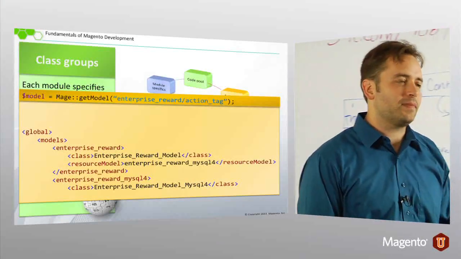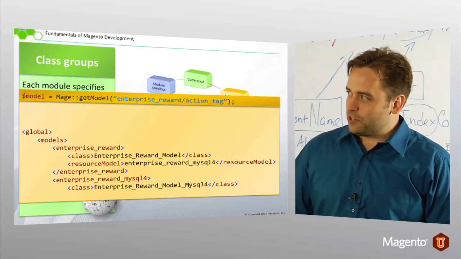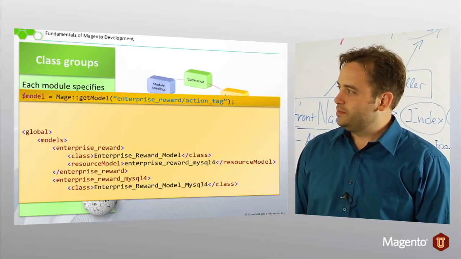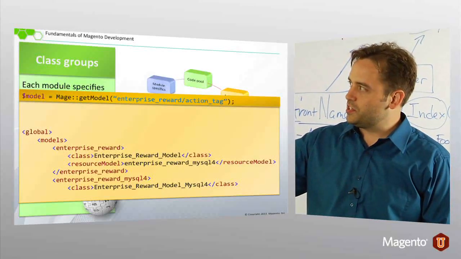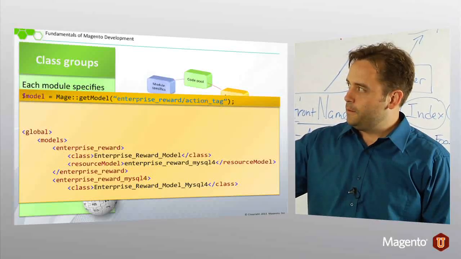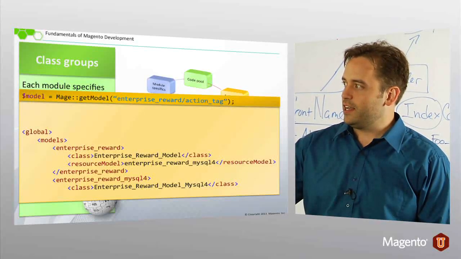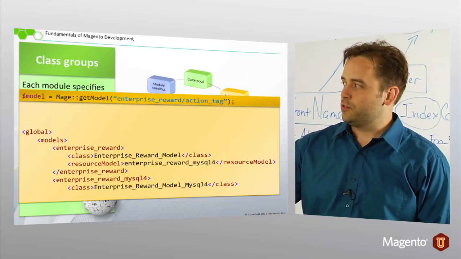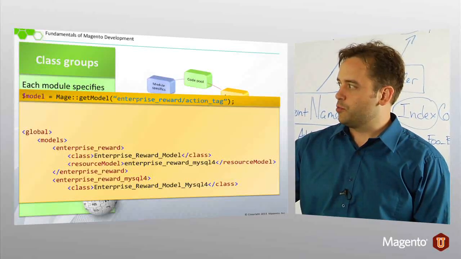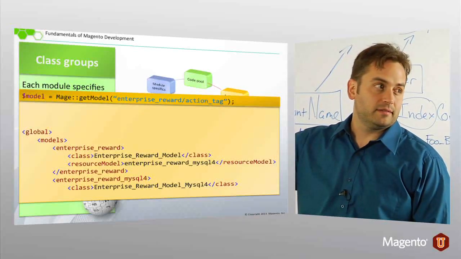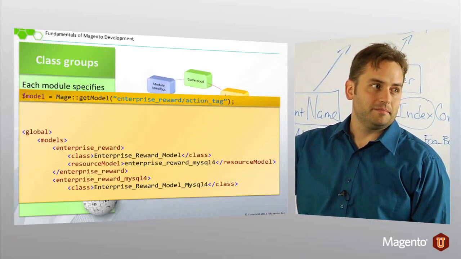That's our class group. And again, the system uses this to look up this node, and then in this node finds this class node, uses this value, tries to load Enterprise_Reward_Model_Action_Tag. Okay?